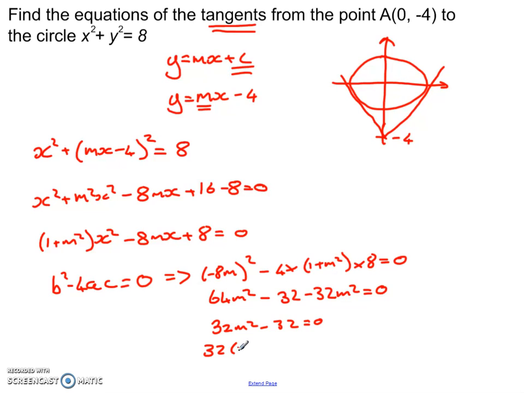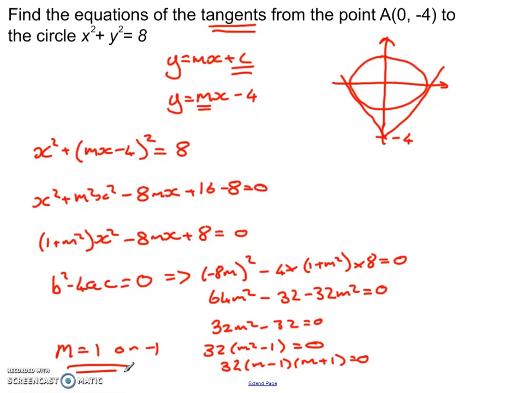A common factor of 32 comes out, I get m squared minus 1 equals 0. If I look at this, this is actually a difference of two squares. This is a squared minus b squared, so I get 32 (m minus 1)(m plus 1) equals 0. So from this, I get my two gradients. From that, I can say the gradient equals 1 or -1.